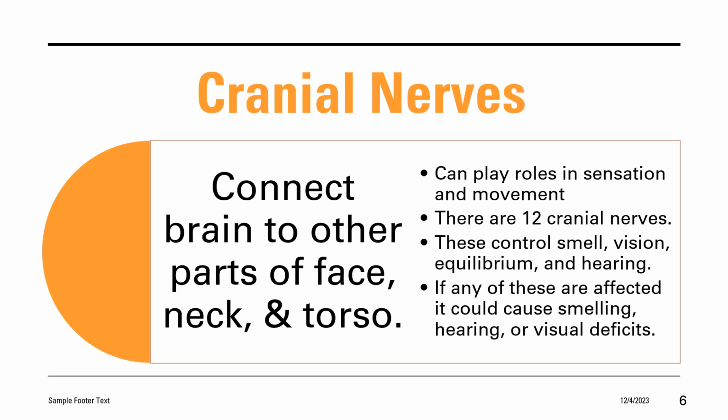These nerves control your smell, vision, equilibrium, and if any of those nerves are affected, it could cause smelling, hearing, or visual deficits. For example, your olfactory nerve is the nerve that controls smell. And if you were to damage that, you probably wouldn't be able to smell at all.